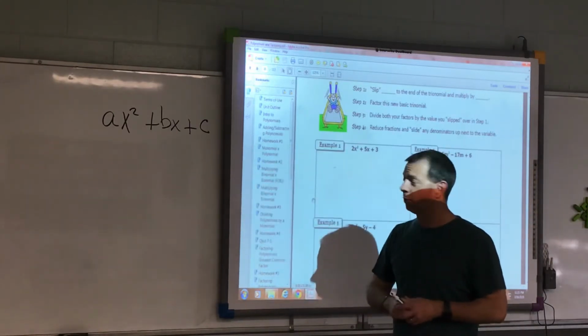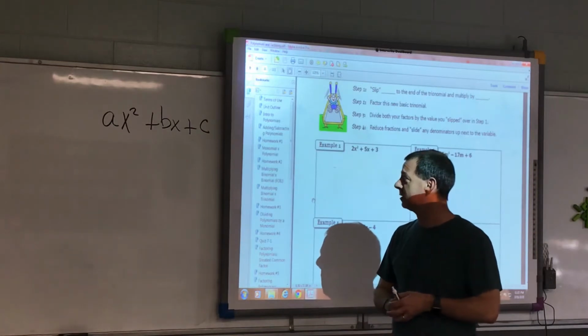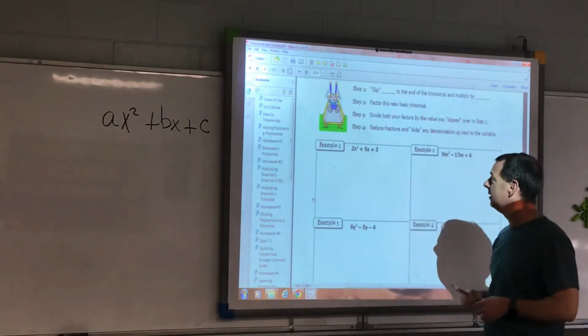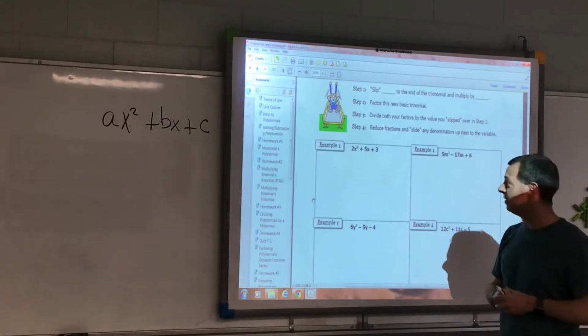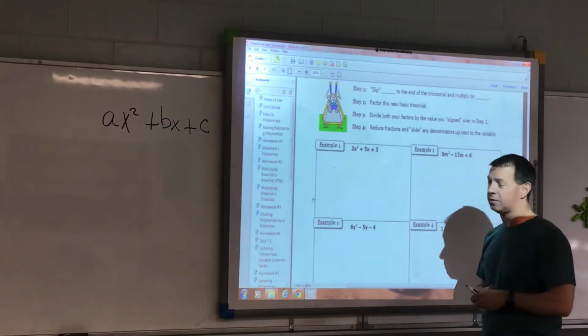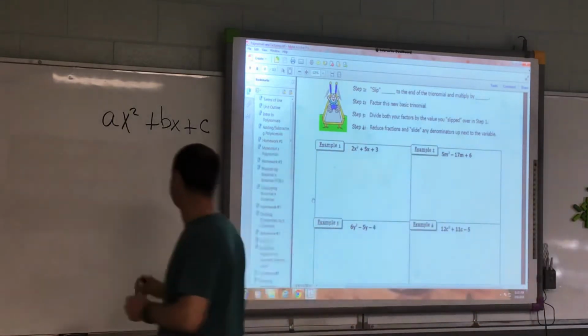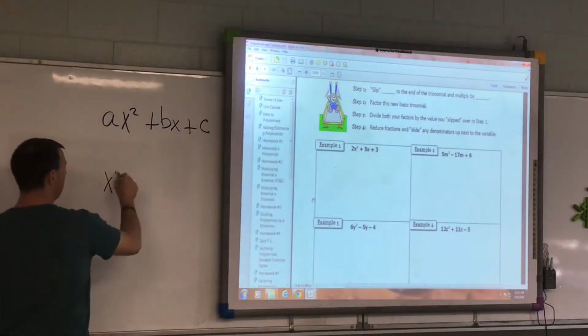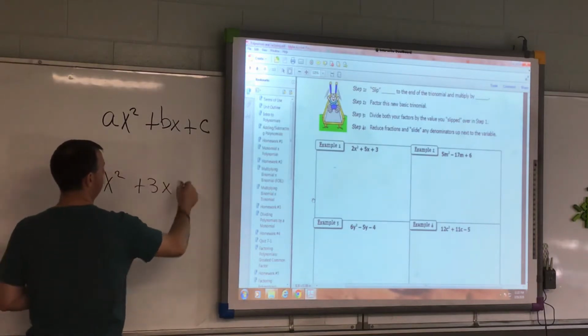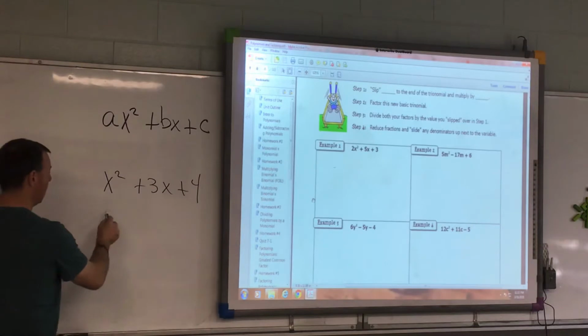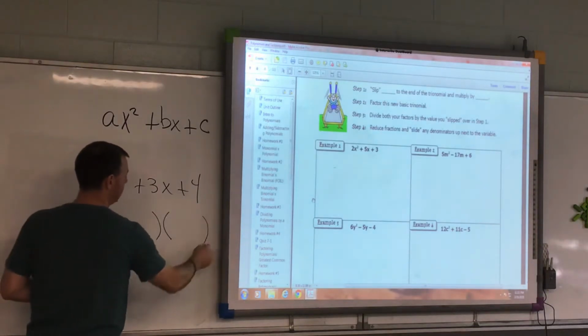So our standard equation form is ax squared plus bx plus c. And if you see, we have an example, if you can't see this, let me know. It's 2x squared plus 5x plus 3. To remember what we have done before, if we just have a simple x squared plus 3x plus 4, and remember that we did our parentheses.